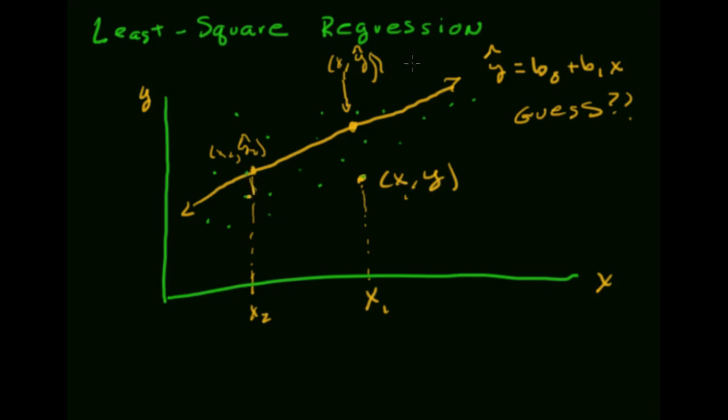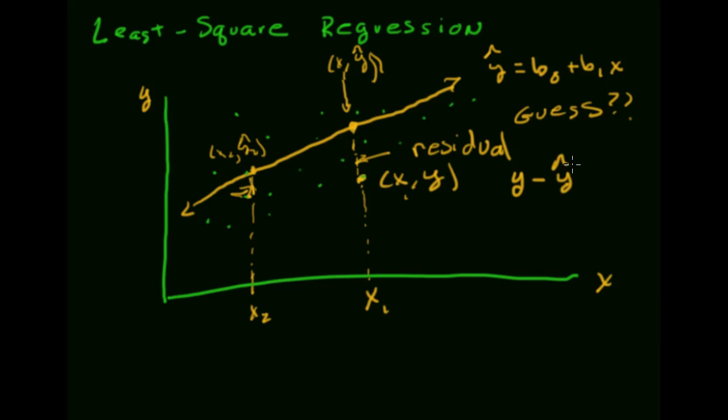Okay, so what we call the distance between the prediction line and the actual data point, we call that a residual. Okay, so it is the predicted value. Sorry, no, got that backwards. It is the actual value minus the predicted value.